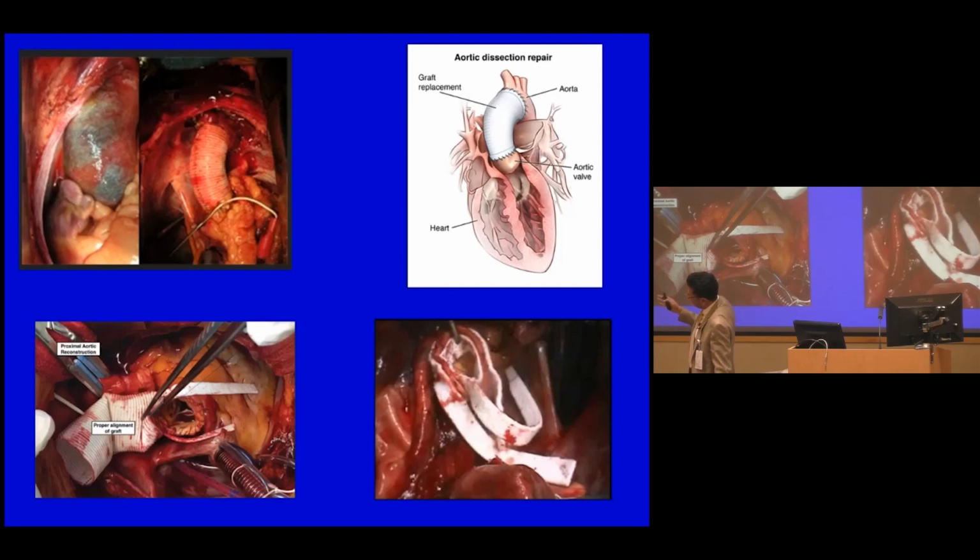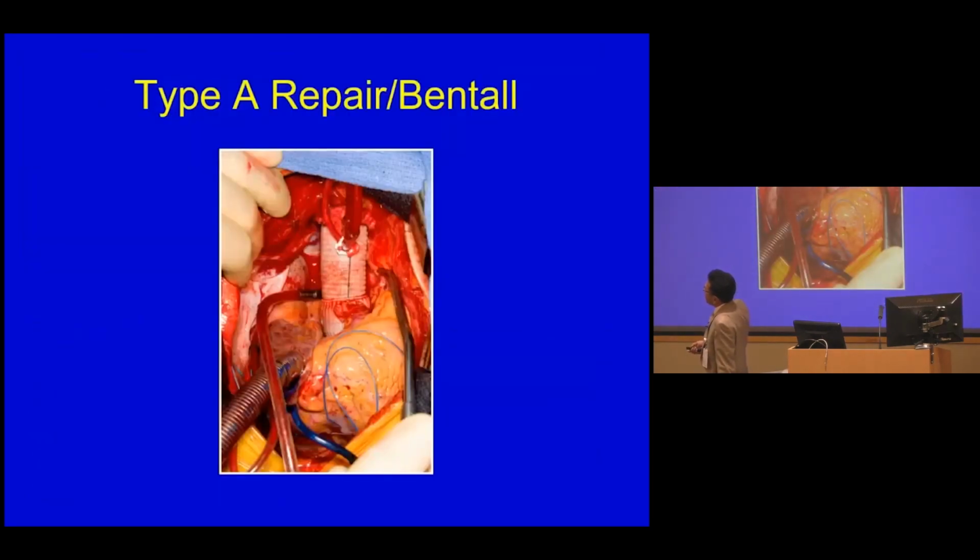That's one way of doing it before you do the distal anastomosis. Or you can do a Bentall procedure, which involves replacing the whole root complex and reimplanting the coronary buttons onto a Valsalva graft, a graft that has a valve in it, a valved conduit.